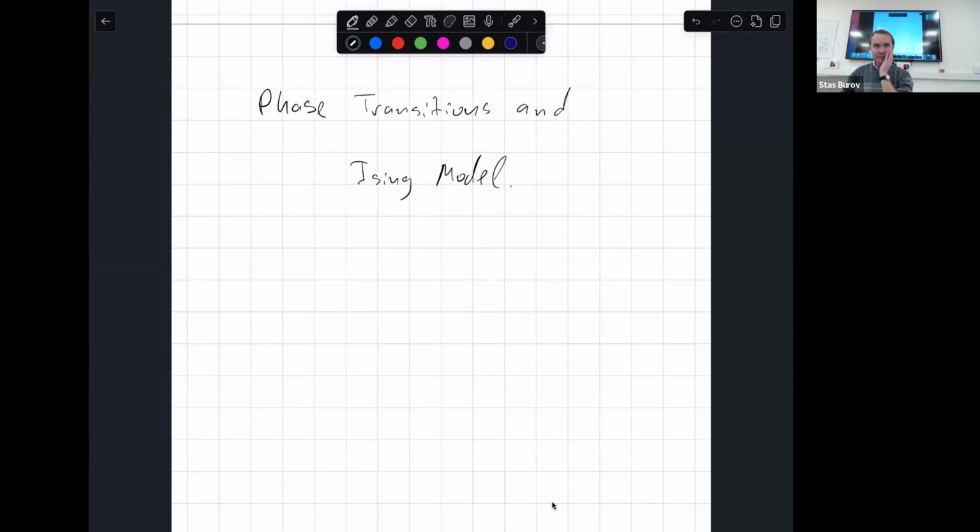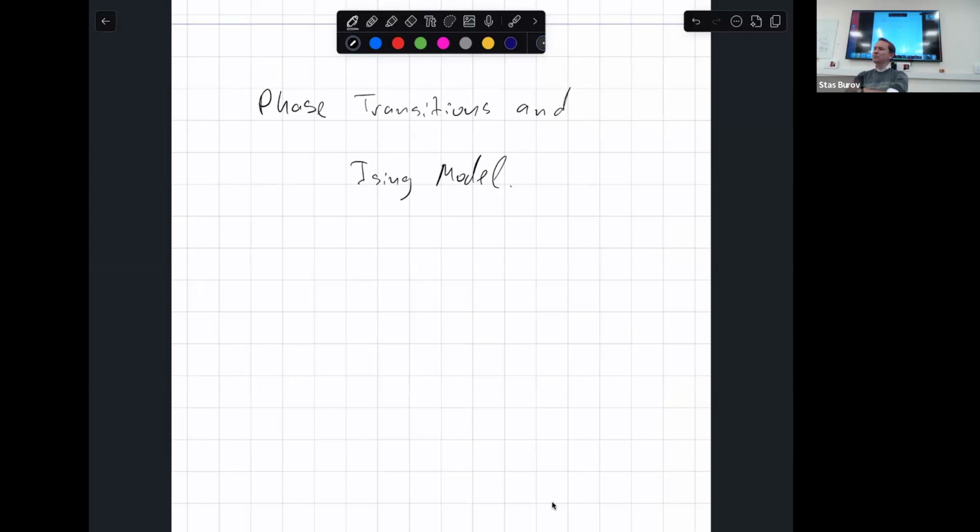Now, I think it was by the end of the first third of the semester that we discussed phase transitions and the phenomena, and we discussed it from the perspective of thermodynamics. So something happens on the thermodynamic level, we break specific stability conditions.